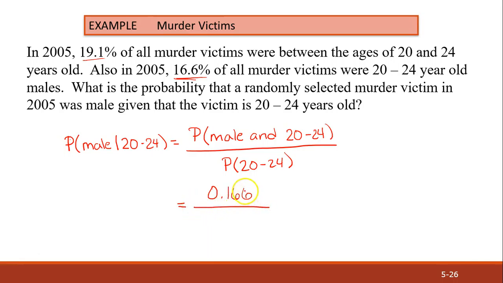And then the probability that they were just between the ages of 20 and 24 is the 19.1%. Divide those two numbers and you get this.